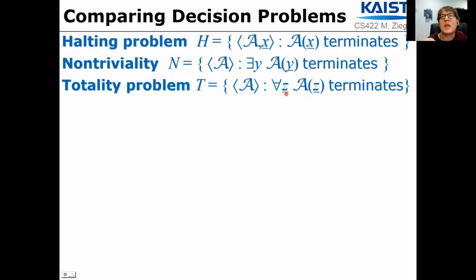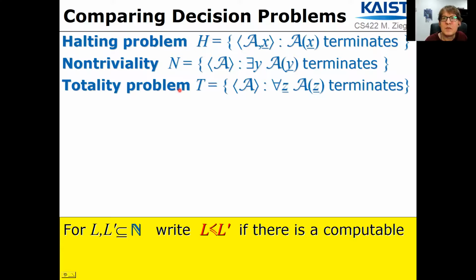Those algorithms which terminate on some and not on others are maybe less useful. And those which never terminate are the trivial ones. These are entirely useless. And the question we ask here is, how difficult are these problems in terms of their semi-decidability and decidability? So it means we want to compare the problems.